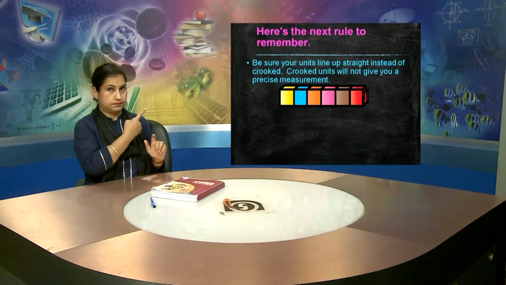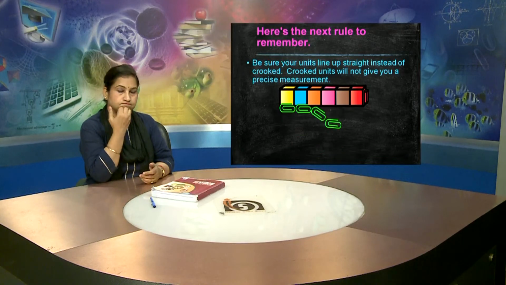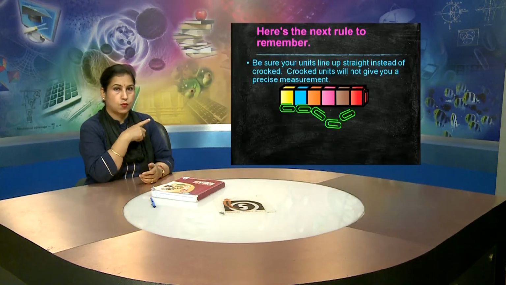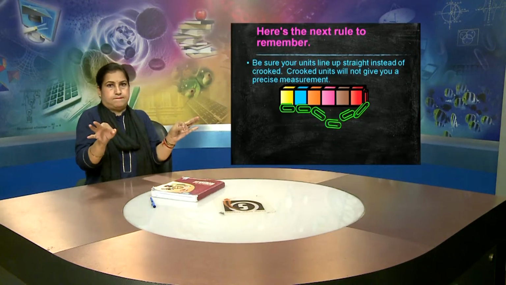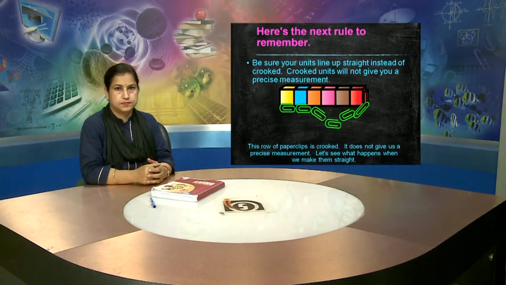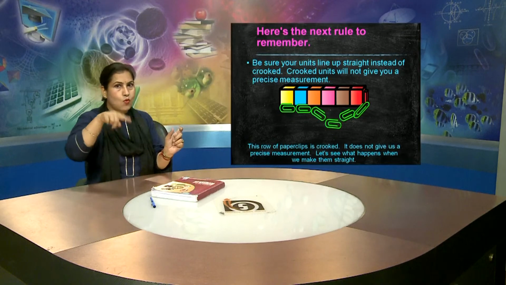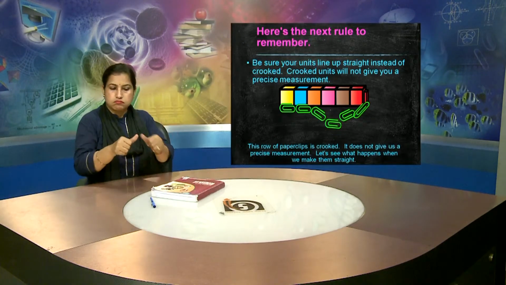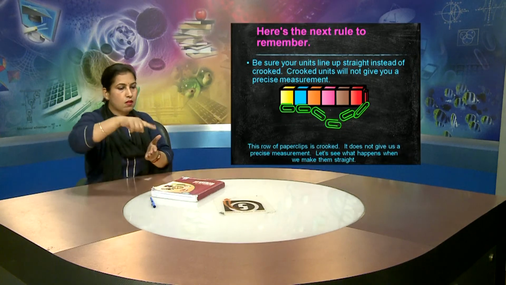As you can see, this row of paper clips is crooked. It does not give us a precise measurement. Let's see what happens when we make them straight.